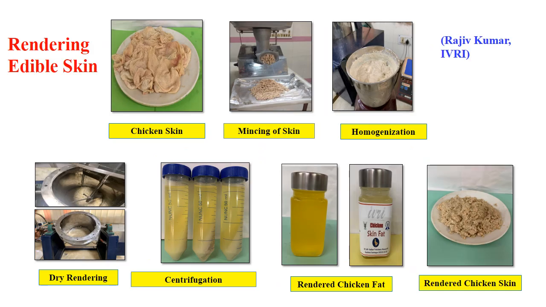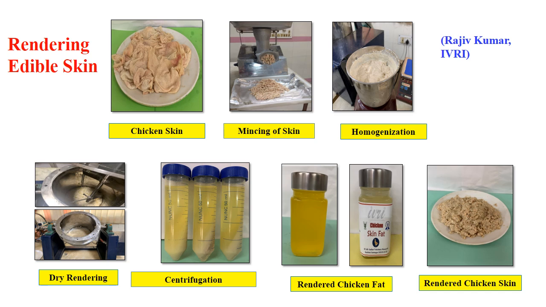Here we will discuss another way of using the chicken skin, the edible category of chicken skin, by rendering. This work was done under a project by an IVRI scientist, Dr. Rajiv Kumar. It is from his personal sharing, and I am putting it here. The chicken skin should be cleaned thoroughly and minced. After that it can be homogenized and it can undergo a small scale rendering.